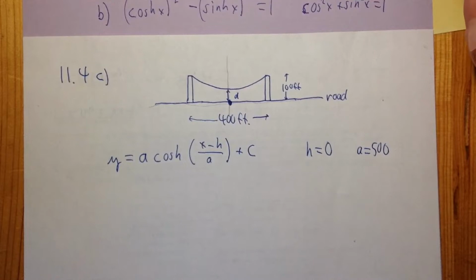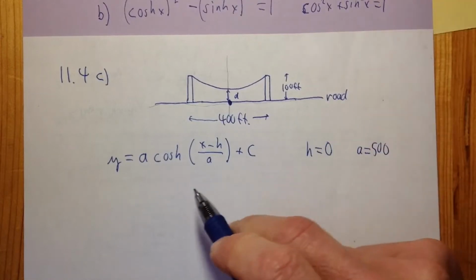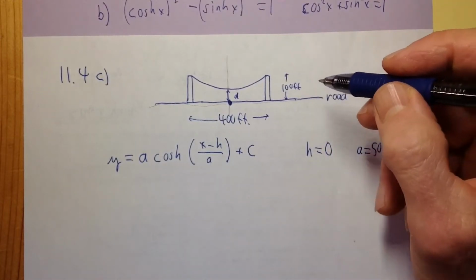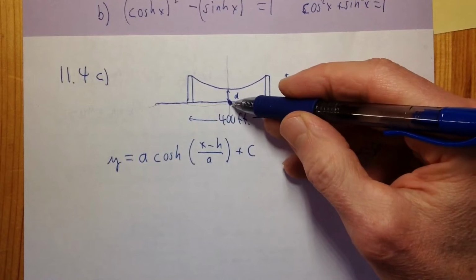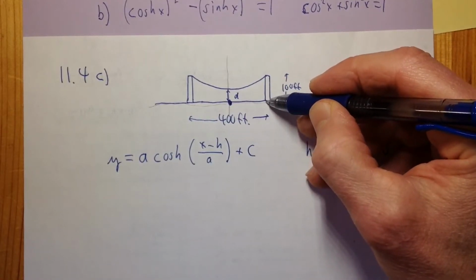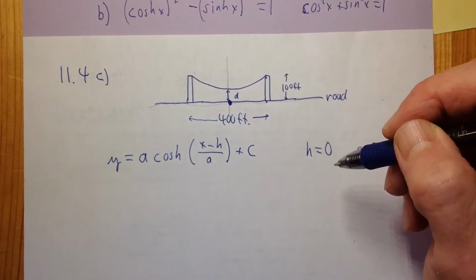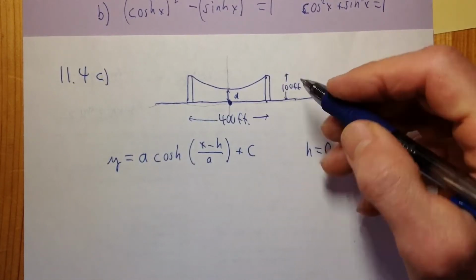Okay, so what do we know? We know that at x equals 200, if this is 0, then the height is 100 feet. So that's something we can plug in.